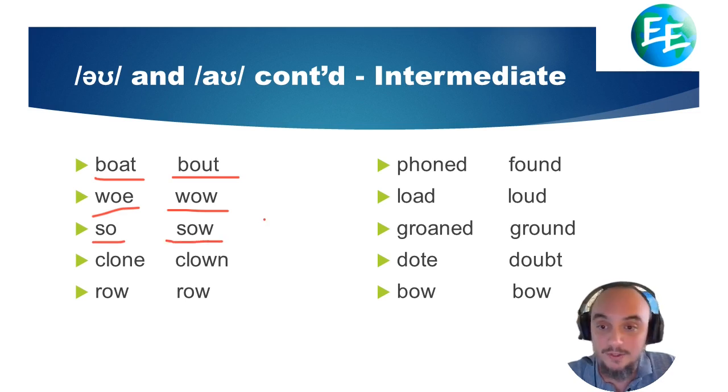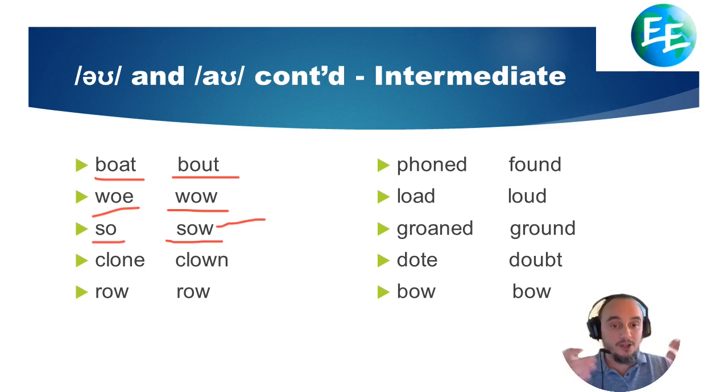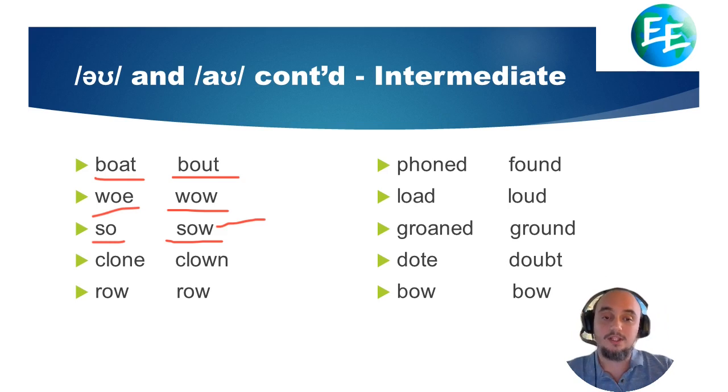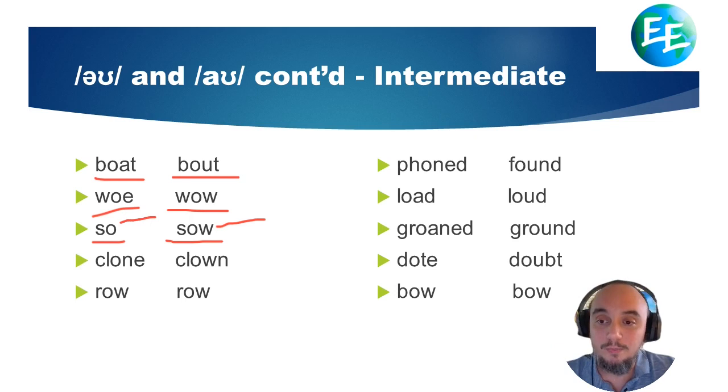Now this is one of those cases where this could also be sew. And so it depends on how you're using the word. If you want to use the verb, then you would say sew. If you want to use the noun, then you would say sow, like that. But in this case, these are minimal pairs. So this is going to be so, and this is going to be sow.